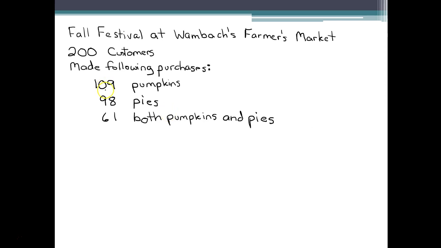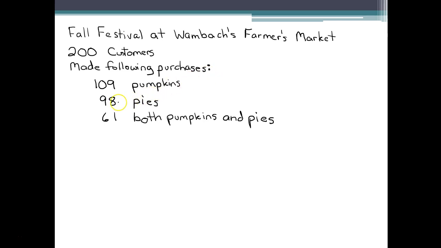Just off the bat, look at this data and think if anything looks a little off to you. I'll give you a couple seconds. And notice there's 200 customers, and look at what they told us about the purchasing from those 200 customers.